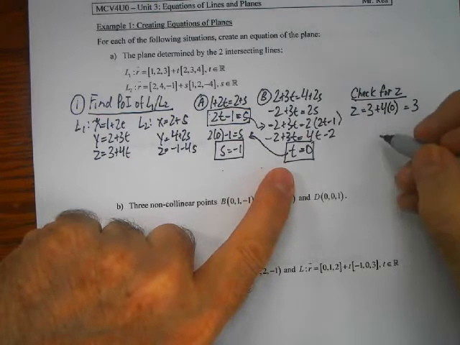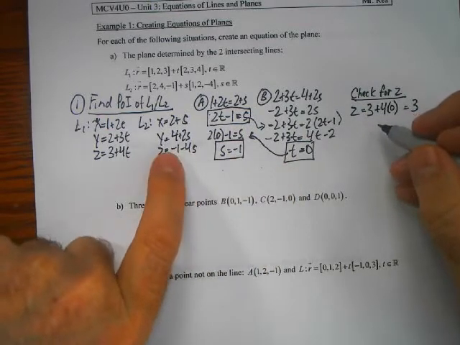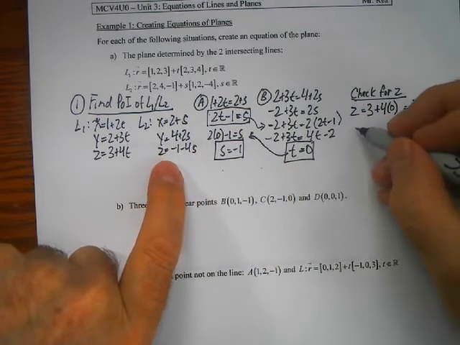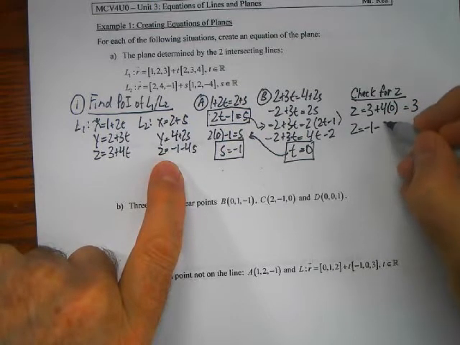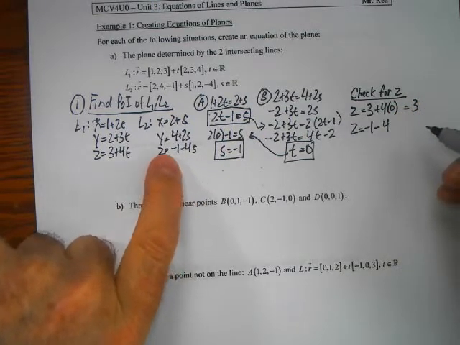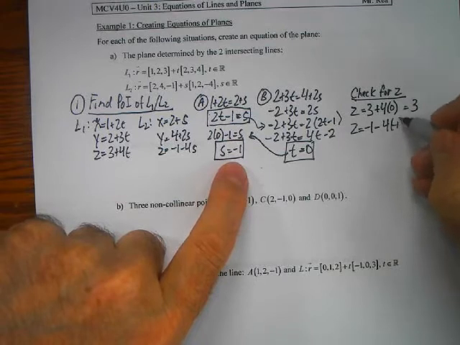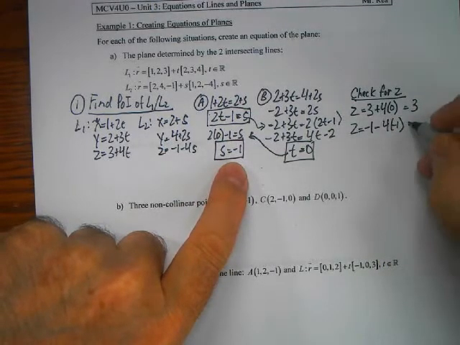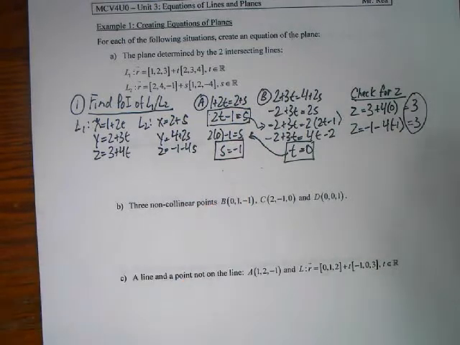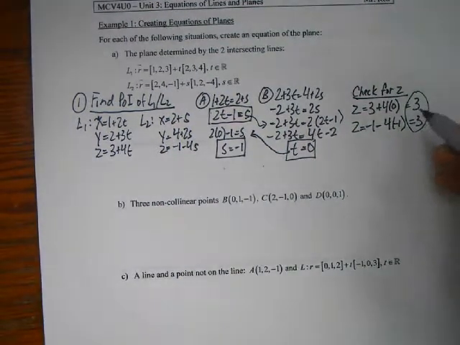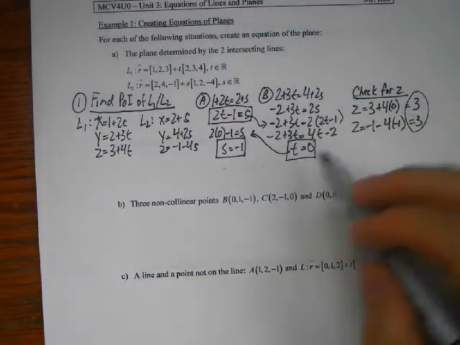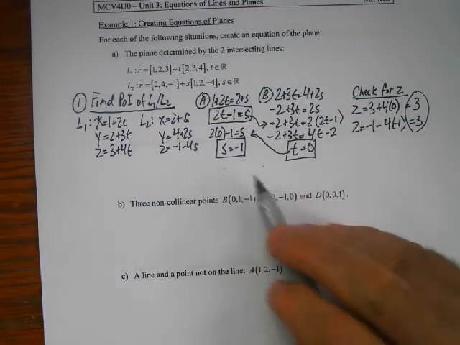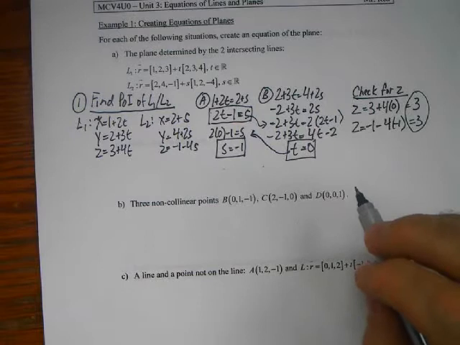And for the second line, we've got z is equal to negative 1 minus 4s. s is supposed to be negative 1, so that's negative 1 plus 4. That's also equal to 3. So the fact that the z values also match for the values of s and t that we got tells us that there is a POI.